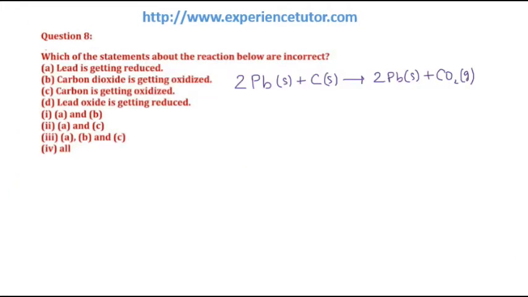In this question, the reaction is 2PbO plus C gives 2Pb plus CO2. Which of the statements about the reaction below is incorrect? Lead oxide is getting reduced, carbon dioxide is getting oxidized, carbon is getting oxidized, lead oxide is getting reduced. So we need to find out the incorrect statement. Therefore, lead is getting reduced is the false statement.